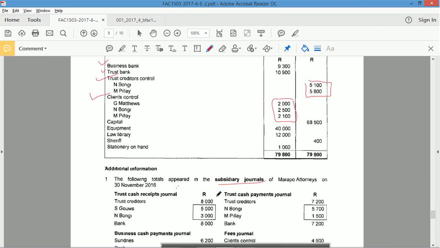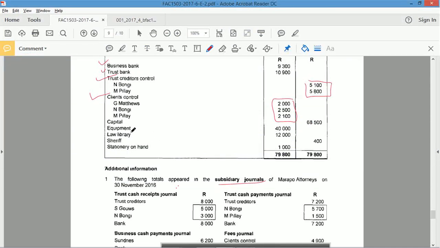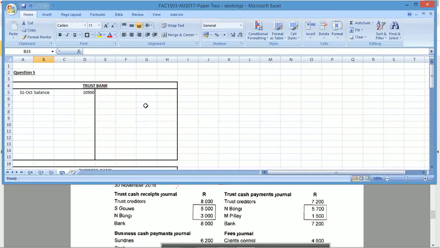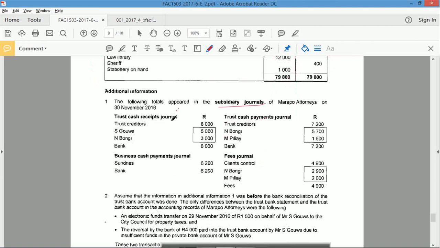Okay, so the trust bank we had, capital we don't need, equipment we don't need, law library we don't need, sheriff we don't need, stationery on hand we don't need. Trust cash receipts. This is receiving money from your clients, right?